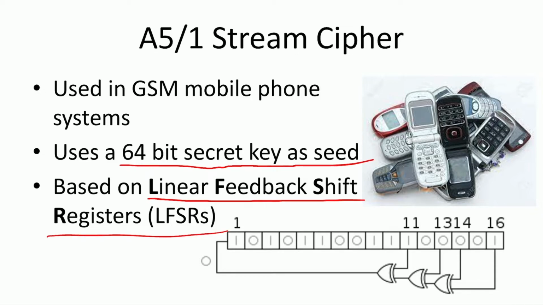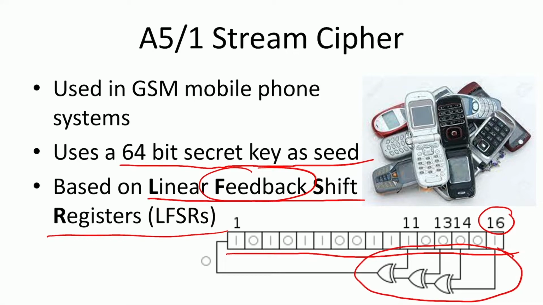So let's assume this is a linear feedback shift register, which is storing 16 bits, and then we are going to have some kind of a feedback function, right? So this is actually the feedback function, which is technically just XORing certain bits. So we are XORing the 11th bit, 13th bit, 14th bit, and 16th bit. This is representing the XOR operation.